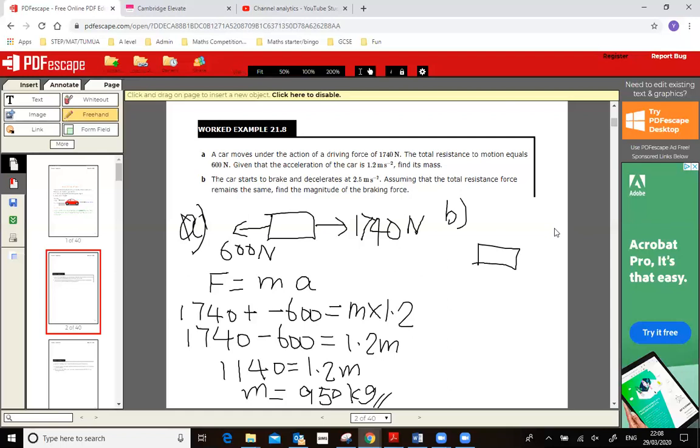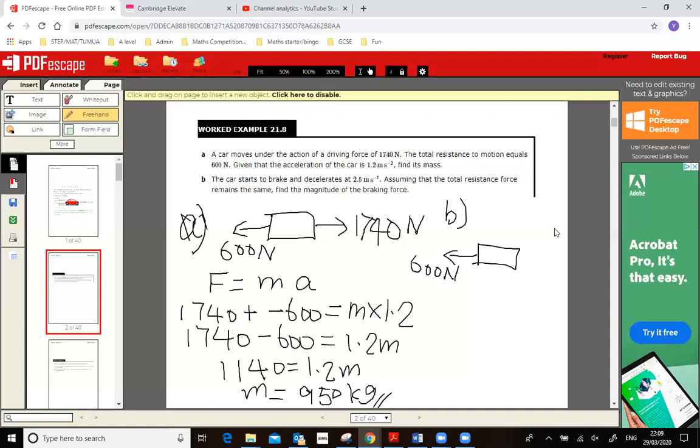One thing we have to be careful about is that the car starts to brake and decelerate, but what is the motion of the car? The car is still moving towards the right-hand side. So the resistance force is still acting towards the left-hand side, which means the 600 Newton will still remain on the left side.